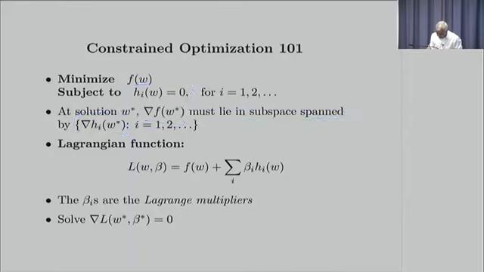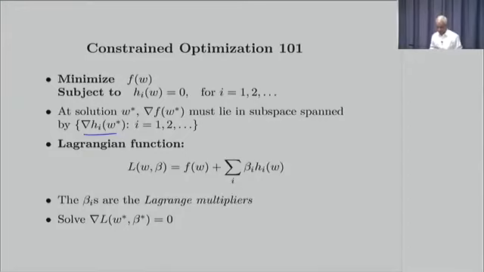So remember the intuition we had about the road and the car. At your constrained optimum, you would have to go perpendicular to your constraint surface, which means that the direction of the gradient has to be only in the directions of the gradients of the constraint functions, meaning perpendicular to the constraint surfaces. Okay? So far, so good? Now we're almost there.